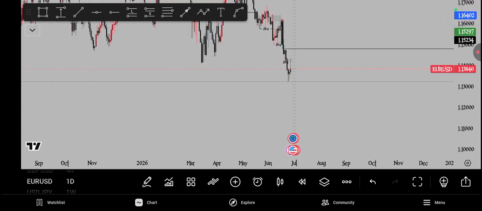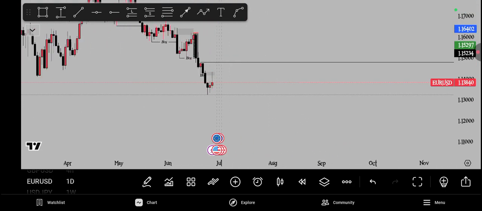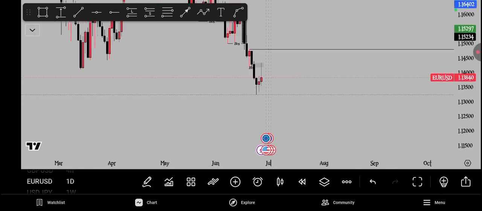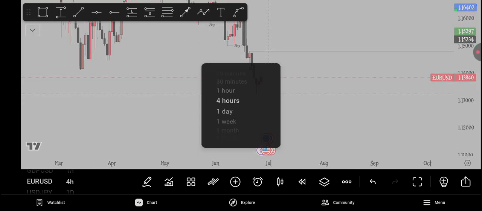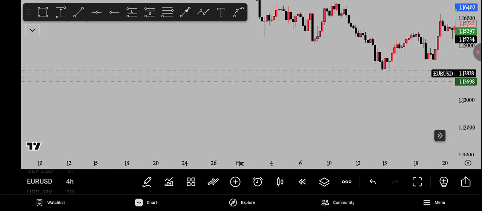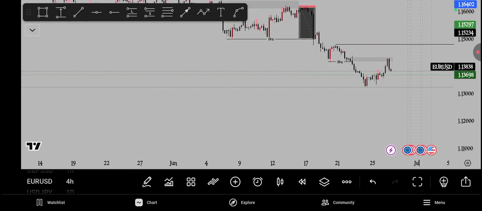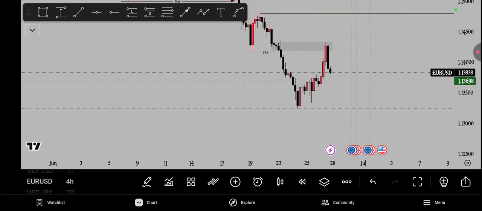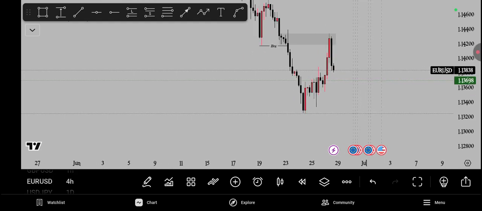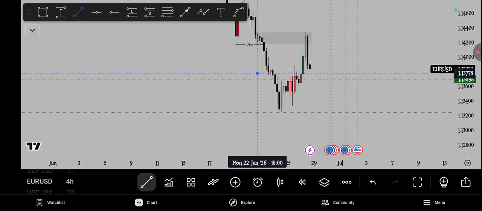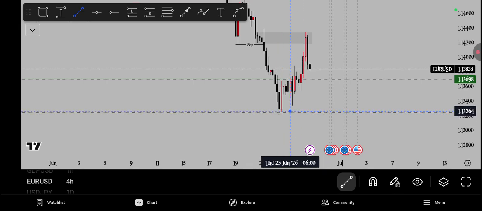Let me go to the daily time frame and check. In essence, we are bearish on EURUSD also. We are bearish, but there is no POI. I can't find any POI to sell from. So we just have to wait to see what opportunity the market might present.